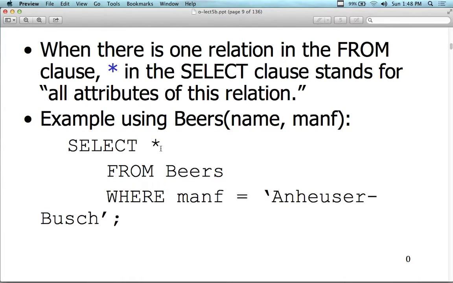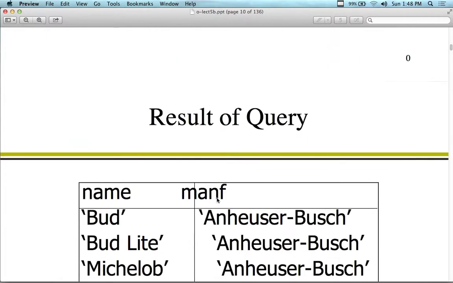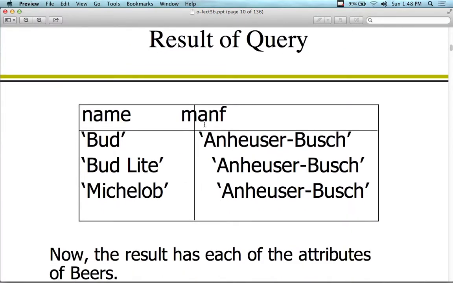So if you selected star from Beers where manufacturer is equal to Anheuser-Busch, you're going to get this result back, and you only have 2 of them in here. It's no big deal. You have name and manufacturer, but why do I need manufacturer? It's all going to say Anheuser-Busch on it. So again, it's kind of wasted space if you think about it, especially if you're passing this result set back and forth over a network connection.